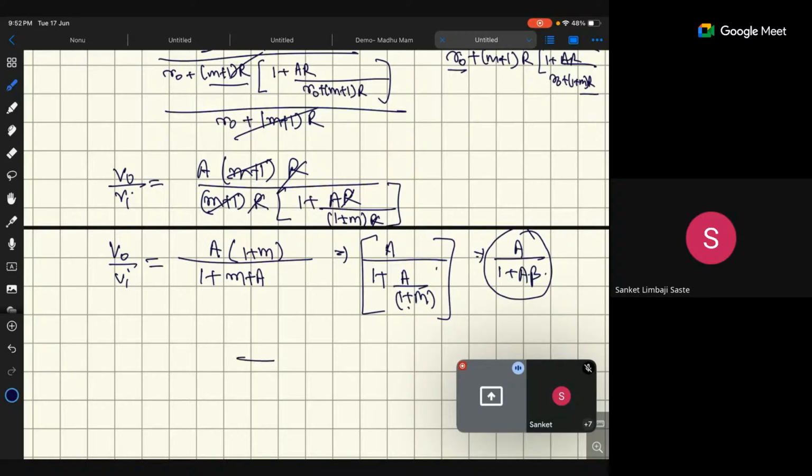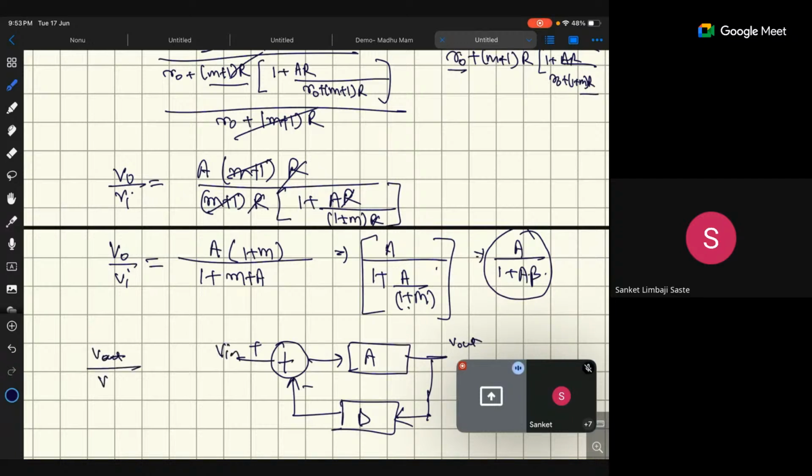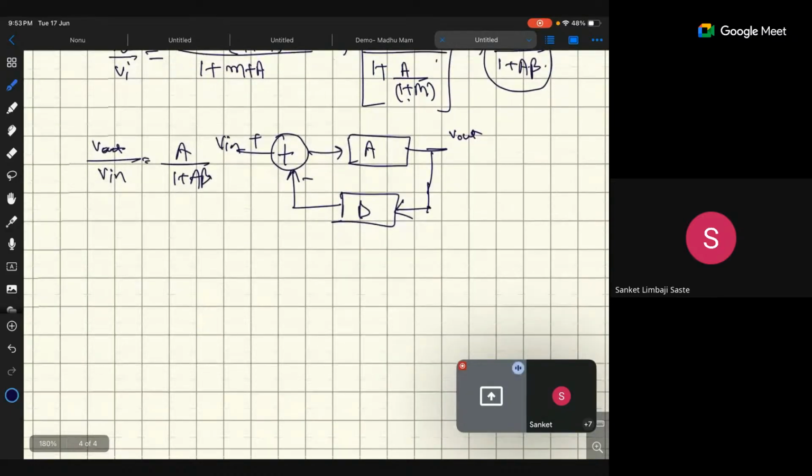We already discussed this formula. V out upon V in is A upon 1 plus A beta, so it is in the similar form.